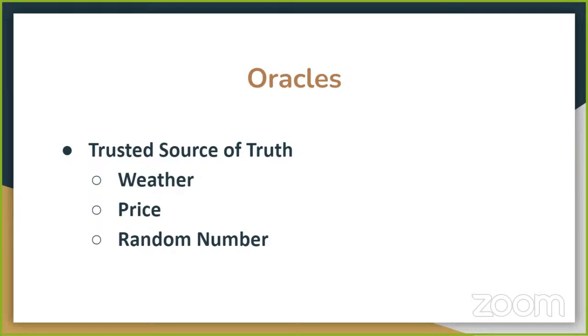So what are the use cases of oracles? How can the blockchain use oracles? We can talk about them in these three ways: weather, price, or random number. For example, when we talk about weather, we're talking about insurance contracts.